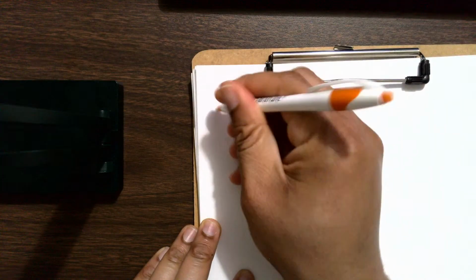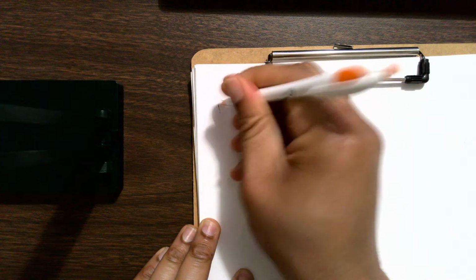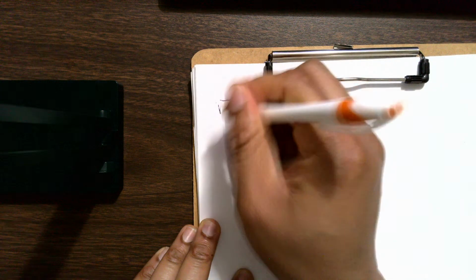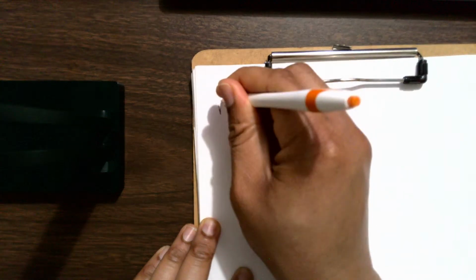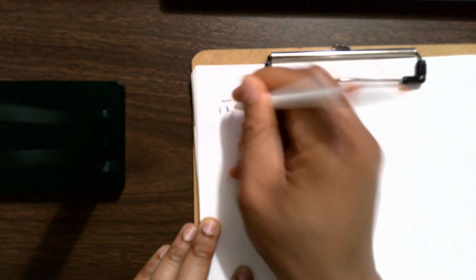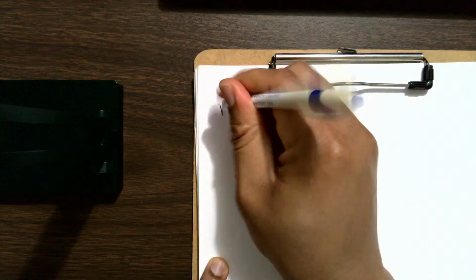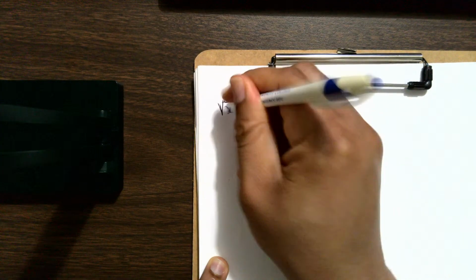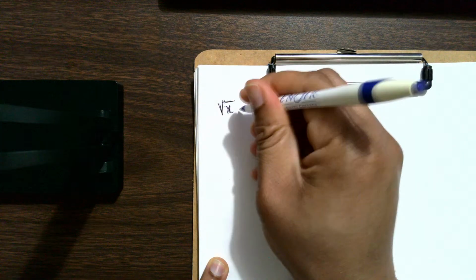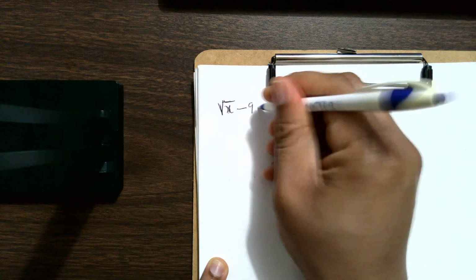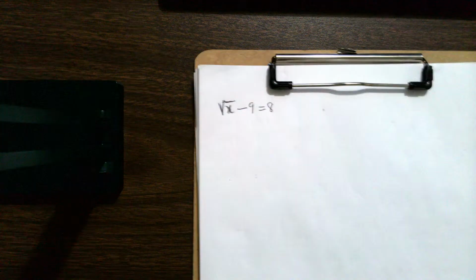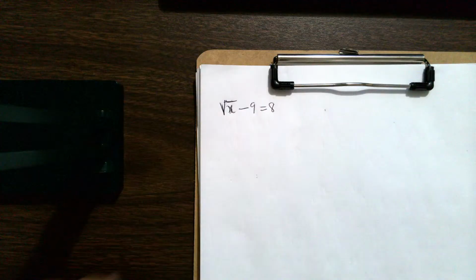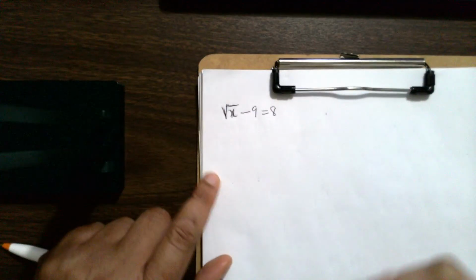So, the square root of x minus 9 is equal to 8. The first thing we do is add 9 to both sides.